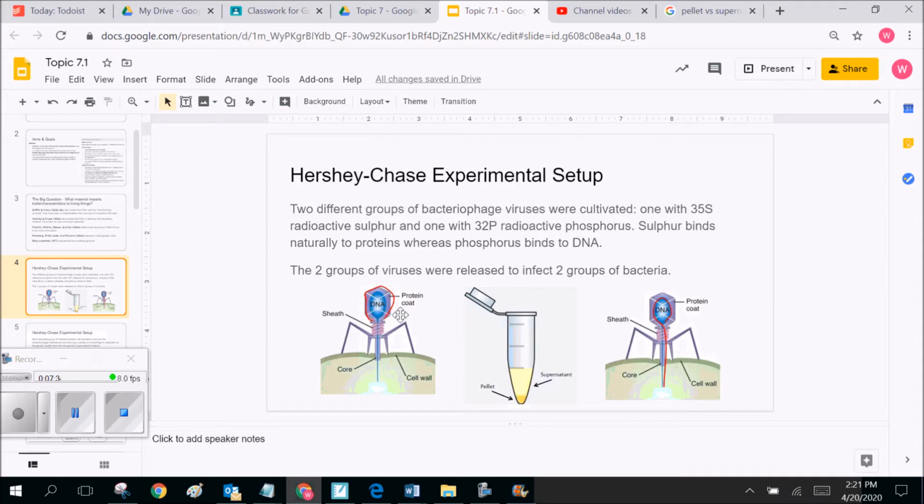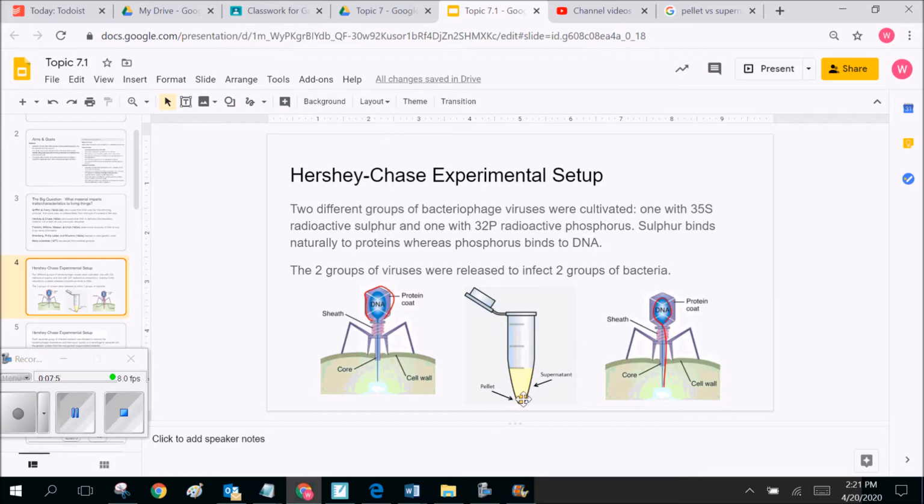So what they did was they infected two different groups of bacteria. One had the radioactive labeled protein coat, and the other had the radioactive labeled DNA. They allowed these viruses to inject their stuff into the cells, and then they took the infected cells and spun them down using a centrifuge. It's a machine that whirls these little tubes around really fast.